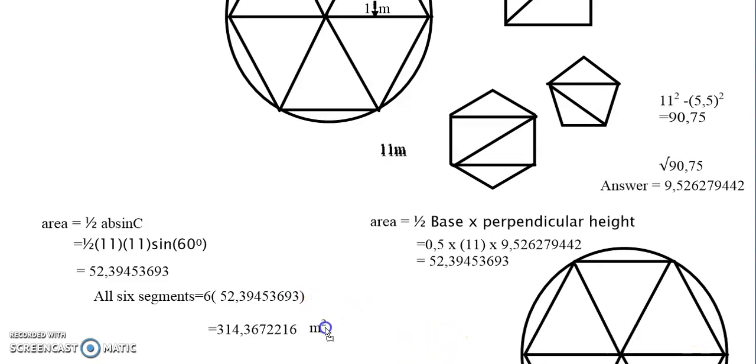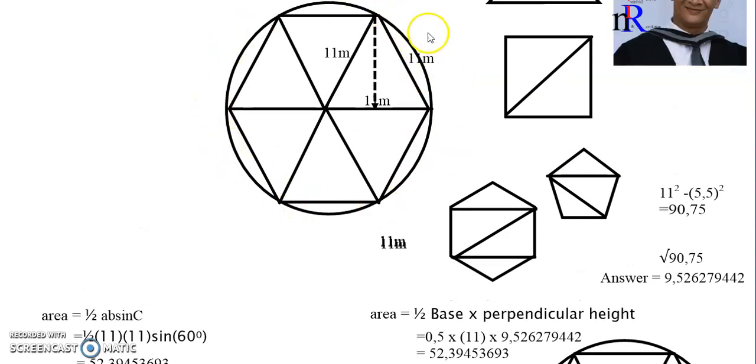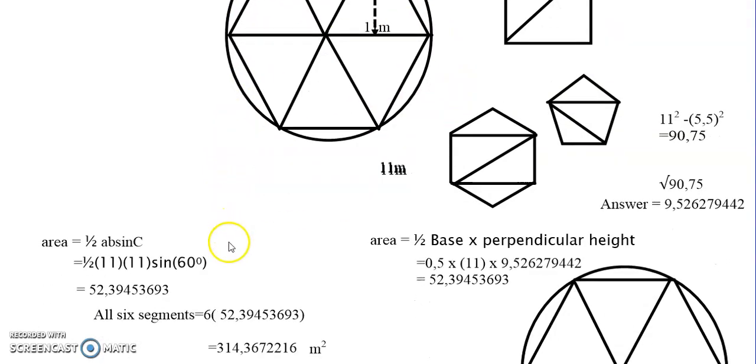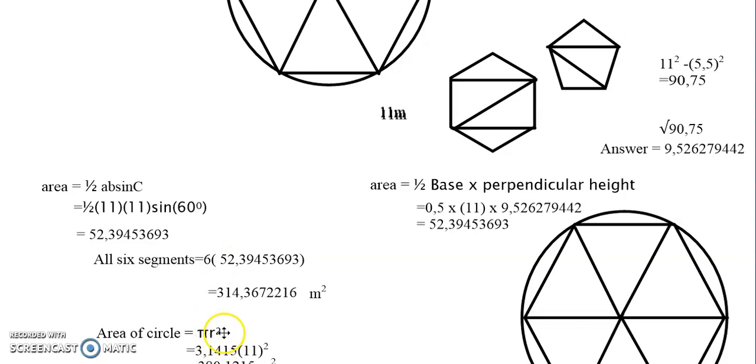Now, I find the area of the circle. How do I calculate the area of the circle? Area of a circle is equal to pi radius squared. And in this instance, we were given that pi should be 3,1415. The radius we know is 11 meters.